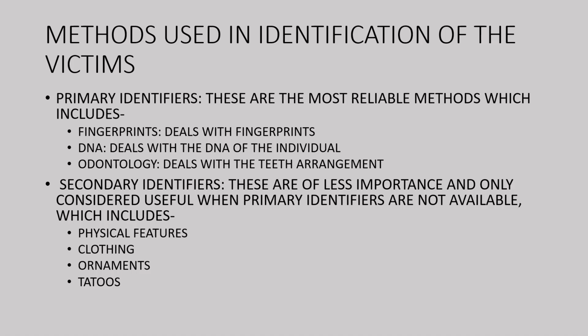These are important as, although two persons may have the same tattoos, the family members can also identify the person based on the tattoos. But the primary identifiers are the most important and most reliable methods to identify a victim.